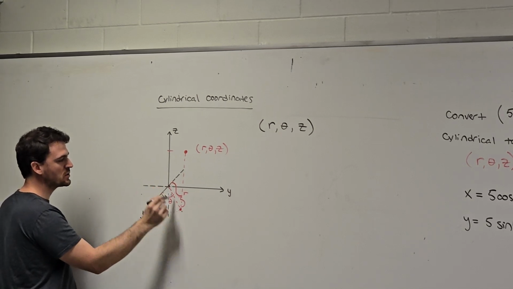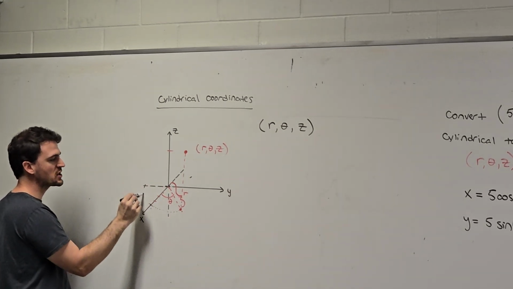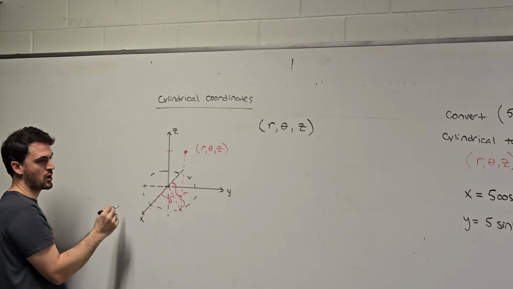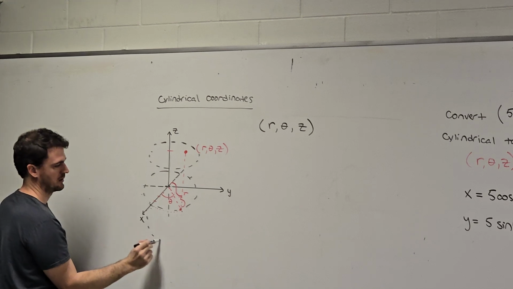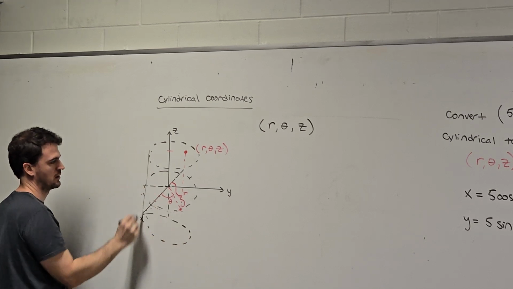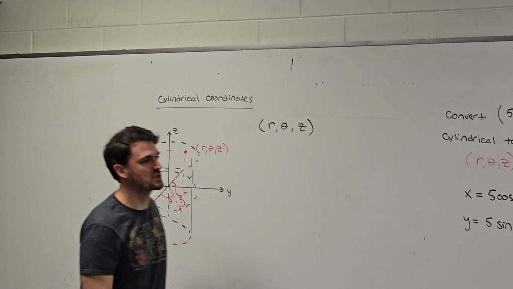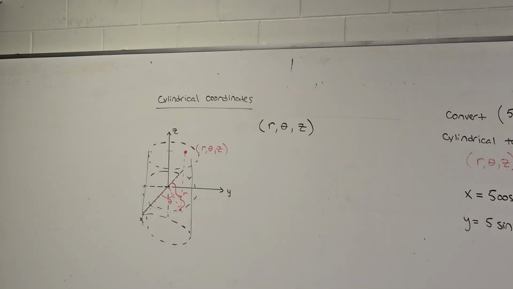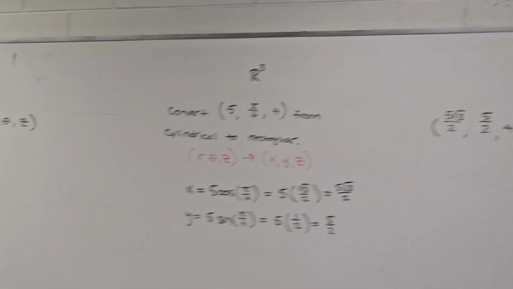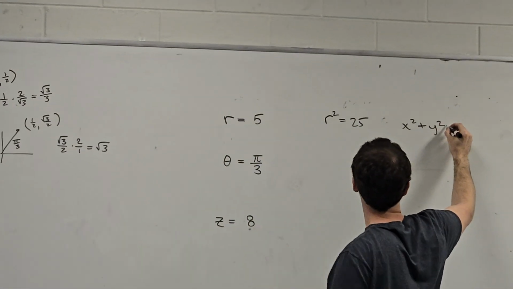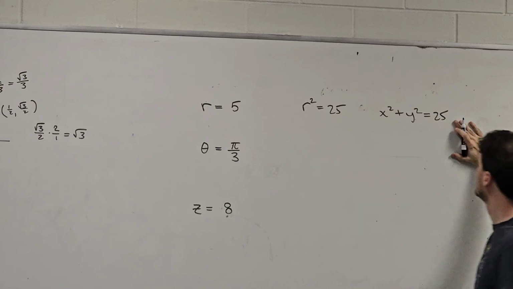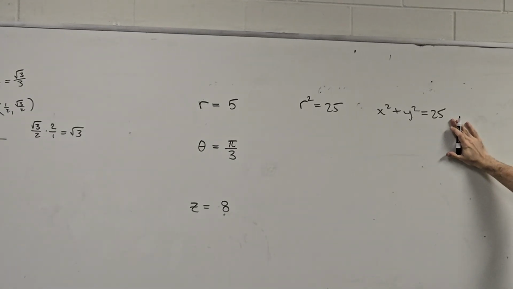You're allowed to go out 5 in any direction, but also at any height. So r equals something is a cylinder. How could I have seen that if you square both sides from your toolbox, x squared plus y squared equals 25, boom, there's your cylinder.